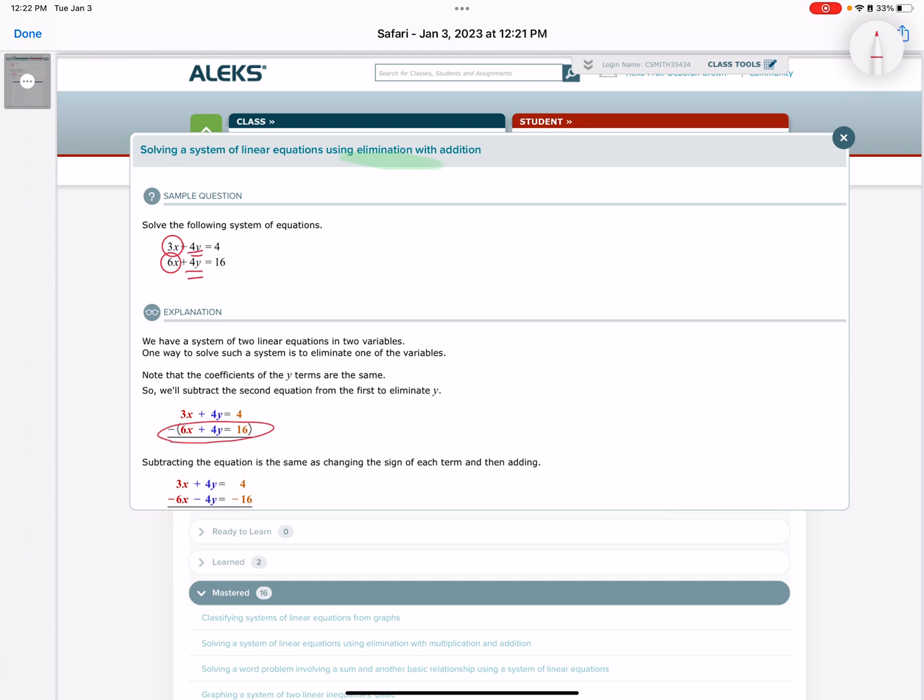And so then look, I have 3x minus 6x, and I have 4y minus 4y. And so those just cancel so nicely for me. And I get 3x minus 6x is negative 3x. And I get this is negative 12. Divide by negative 3, and I get 4. So that's kind of nice.